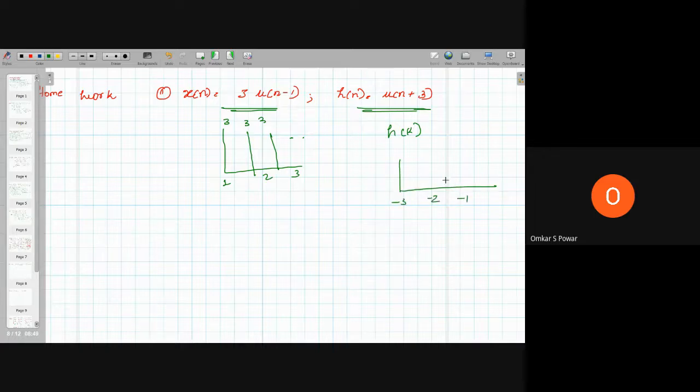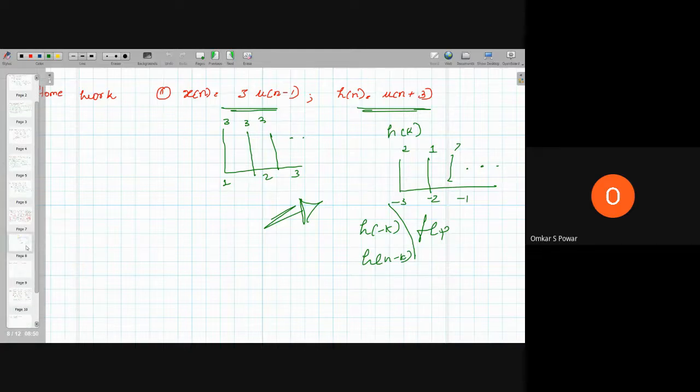Minus 2, minus 1, 0. The magnitude will be 1. So this will continue. Then h of minus k, flip it. Then h of n minus k, add n to this one. n minus 3, n minus 2, n minus 1. And then using the previous thing, you can solve this problem. So same technique. So I'm not going to solve that here.